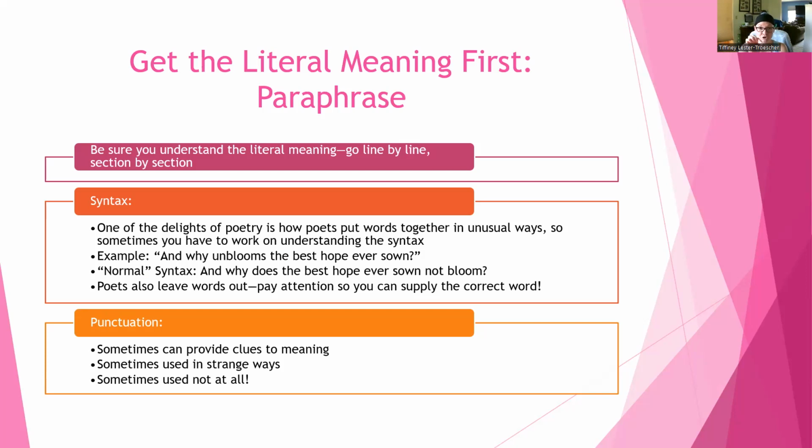That thought might start on line 1, but doesn't finish until the end of line 4 or midway through line 3. And then a new thought starts, a new sentence begins. So that can help you sift through what's happening in the poem so that you can understand it better.